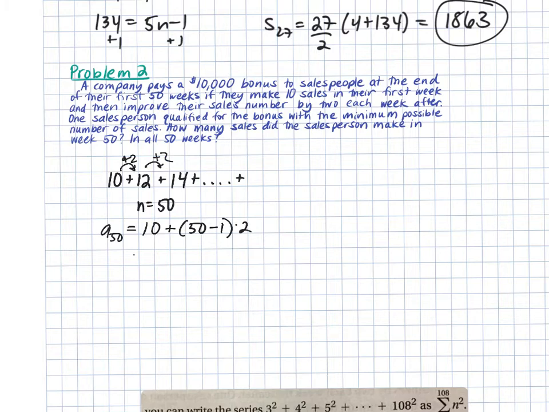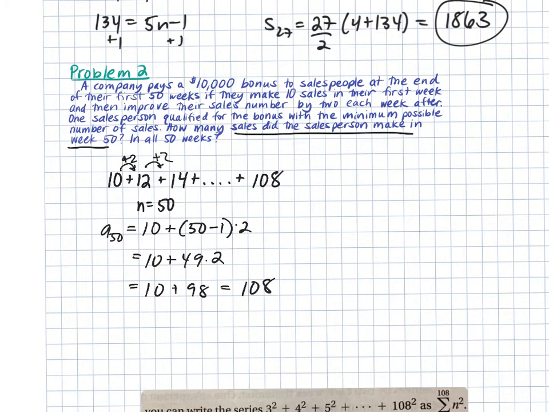So this is 10 plus 49 times 2, which is 98 plus 10 is 108. So that is what the first question is asking. How many sales did the person make in week 50? This is 108 in week 50.